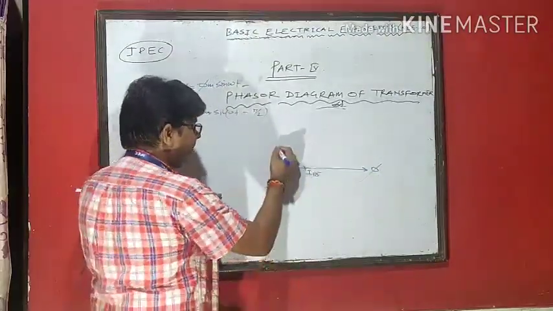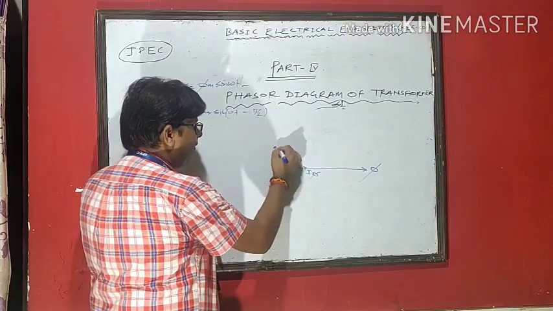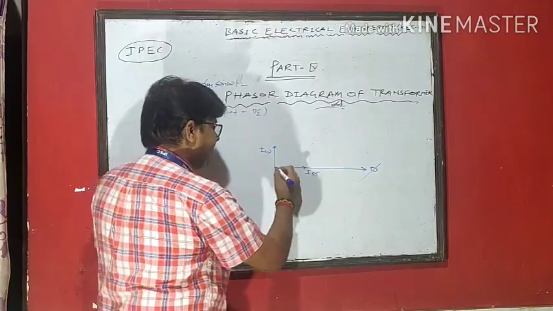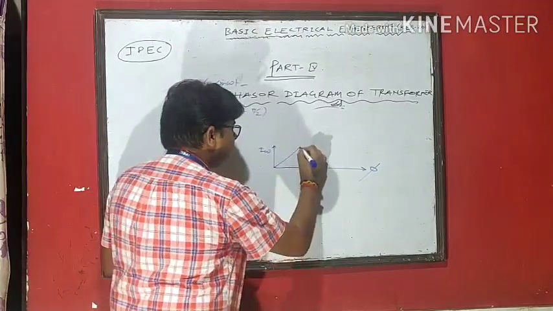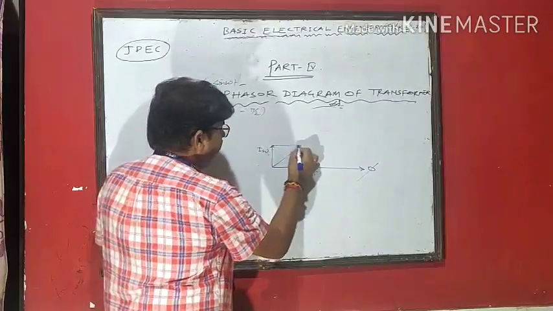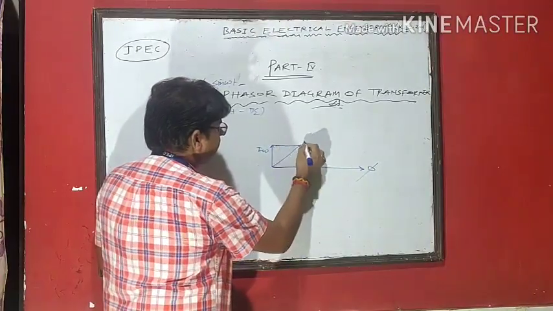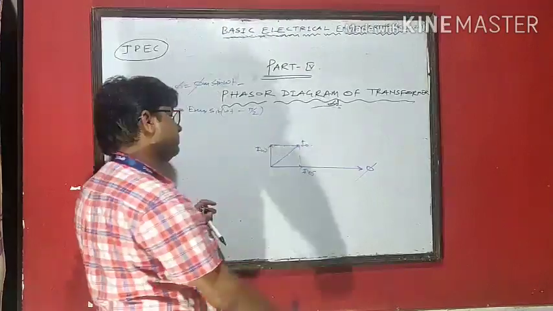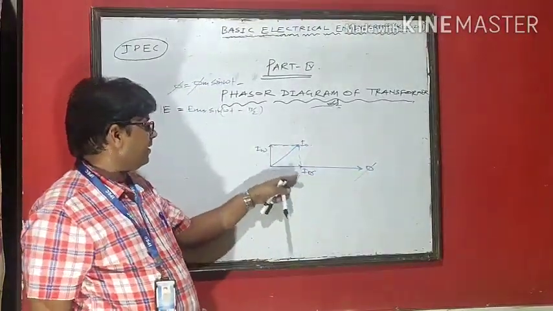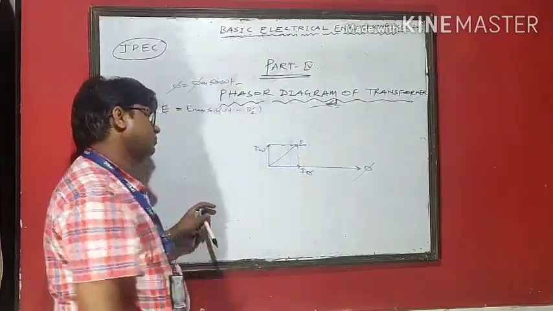And 90 degrees from I phi is IW, that is the working component. And the resultant of IW and I phi is I naught. First phi, second I phi, third 90 degrees IW.